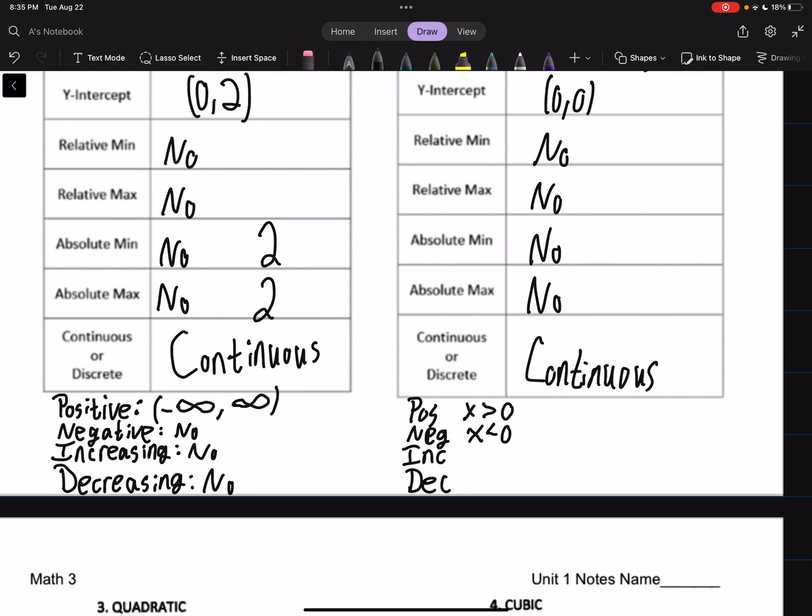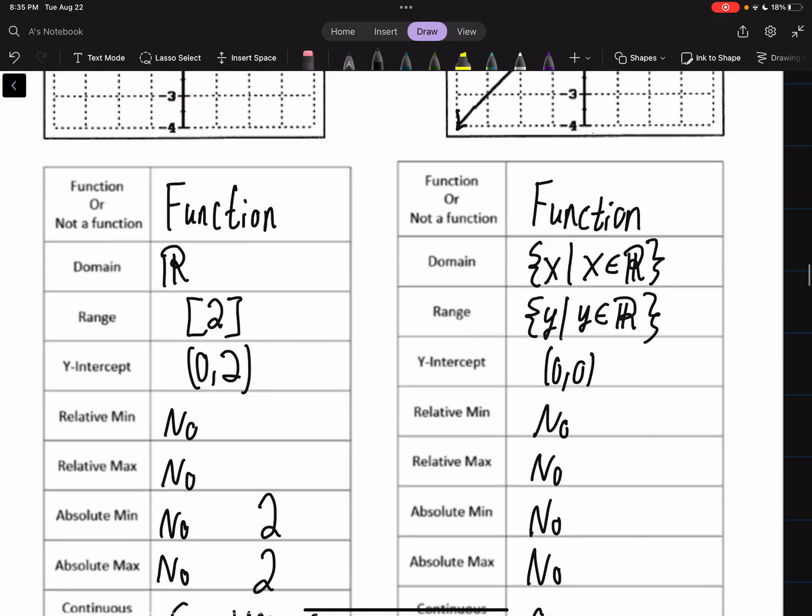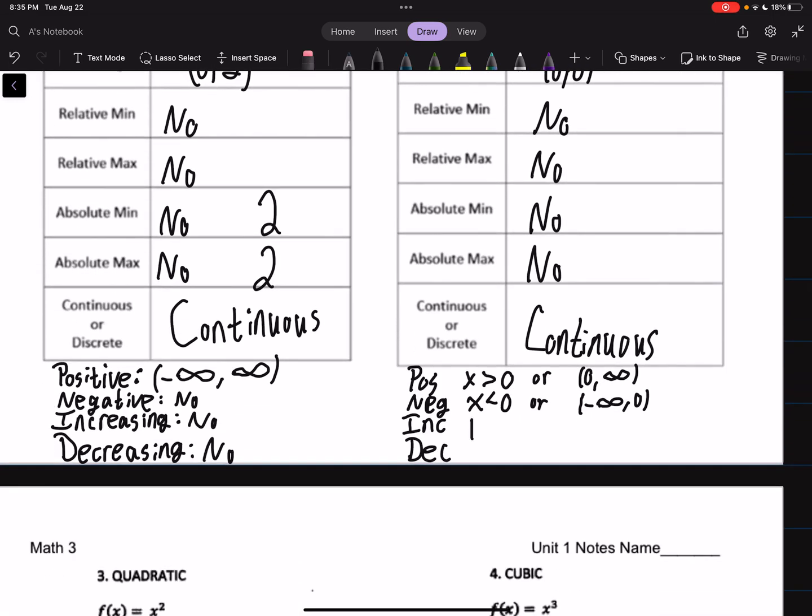The other way we can write this, so I'm going to write the word or, and this is the way I'll be using from here on out. It is positive from 0 to infinity. And it is negative from negative infinity to 0. It is increasing through the entire domain. It is not decreasing at all.